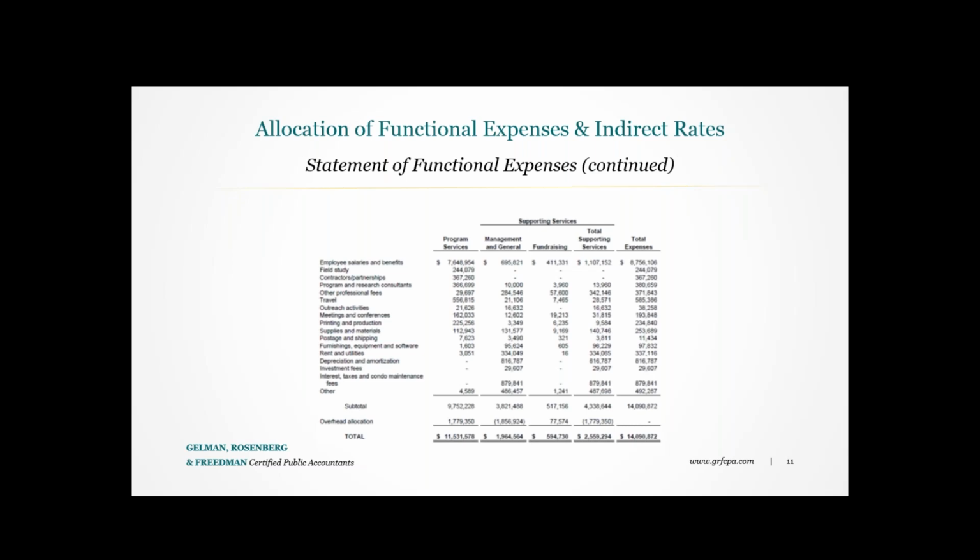But if we go down below the line, we've identified approximately 1.8 million of that $3.8 million of management in general as indirect costs that can be allocated. And so I would guess rent and maybe even depreciation are part of this indirect cost pool, and it is done in total below the line.